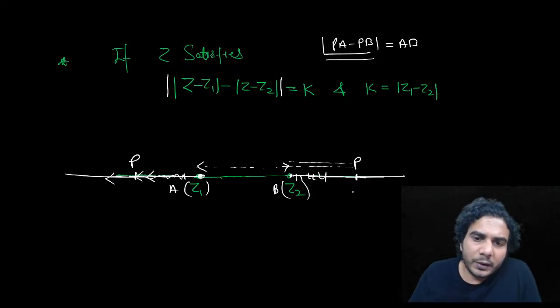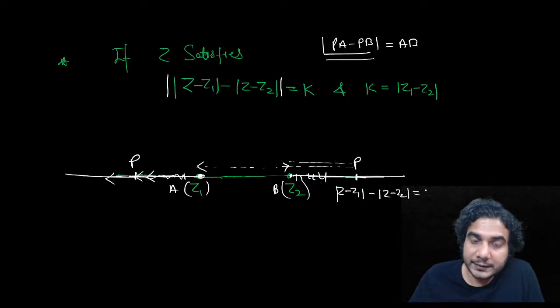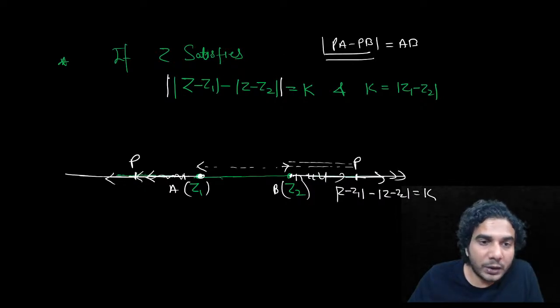But if you remove this mod, what is the equation? If you remove this mod, then this is basically mod of Z minus Z1 minus mod of Z minus Z2 is equal to K, the equation of this. If you want to put this outer mod, then it will be only one ray, either this side or this side.